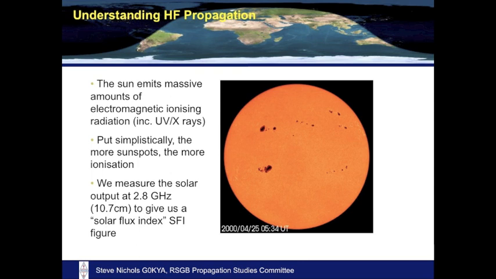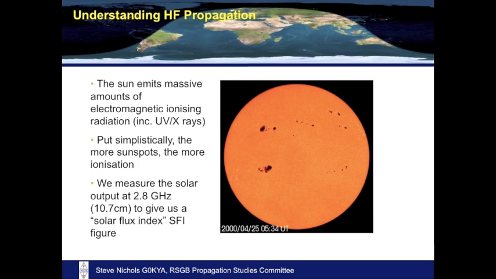Well, it'd be very hard to actually measure the ultraviolet output of the Sun on the Earth, because the ozone layer blocks an awful lot of it. Scientists found that there was another way of doing it, and that was to measure the radio output of the Sun at a frequency of 2.8 gigahertz. That's a wavelength of 10.7 centimeters, and this gives us something called the solar flux index, or SFI figure.